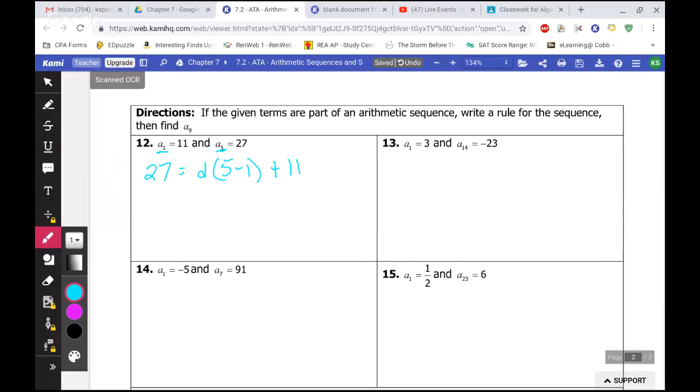Because if you look at the formula, it's a sub n equals the common difference times n minus 1, which would be the whatever term that you're looking for minus the one before it, plus 11.